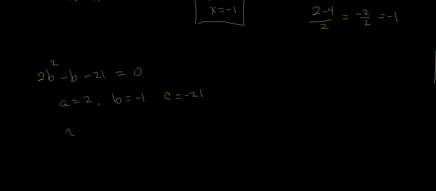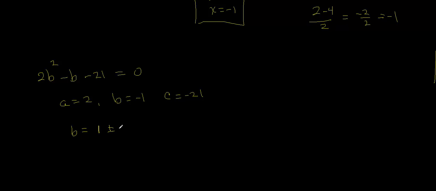See, now we're using the same variable, so I guess I should have changed that to an x, but it doesn't matter, we'll be fine. Minus b would be, in this case, negative of a negative, which is a plus 1, plus or minus the square root of b squared.